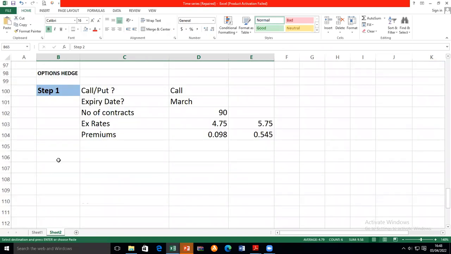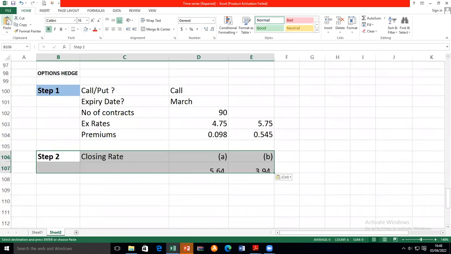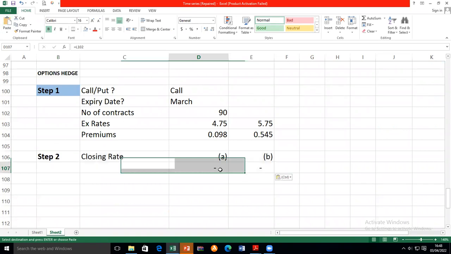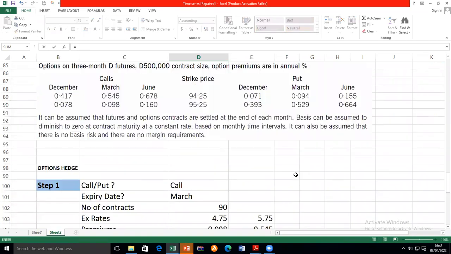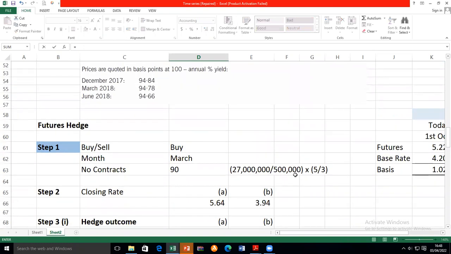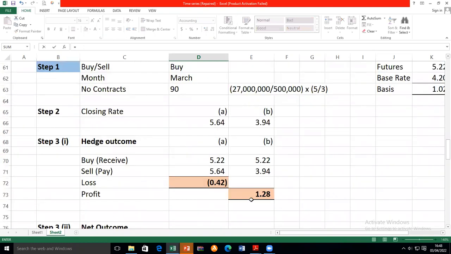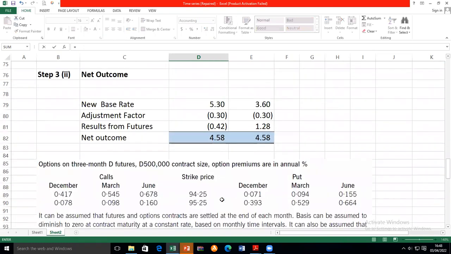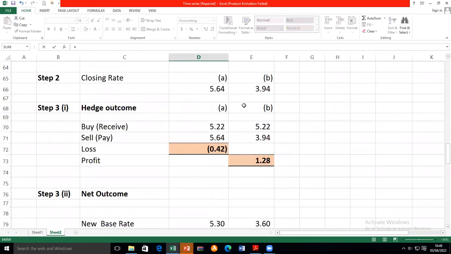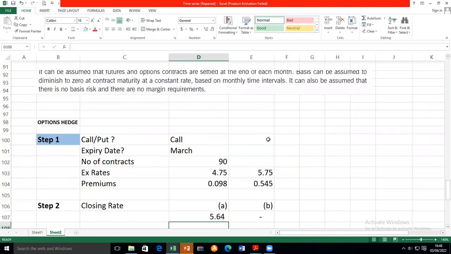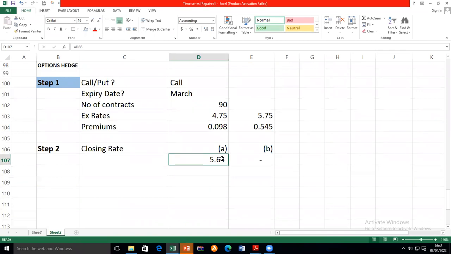So just come here, you paste the same. These are the closing prices here. So once you have done your futures, you already have all your answers.